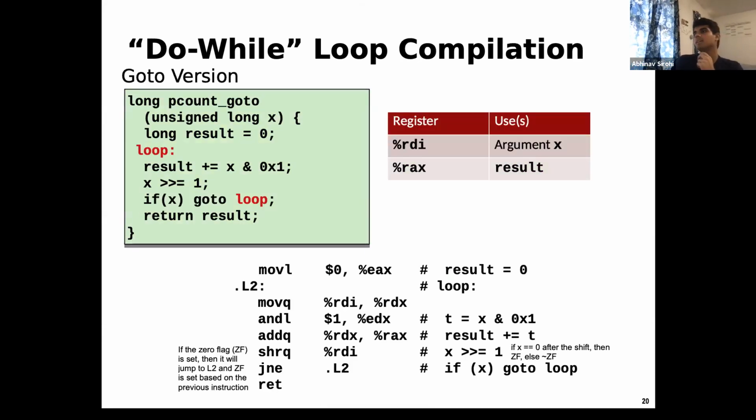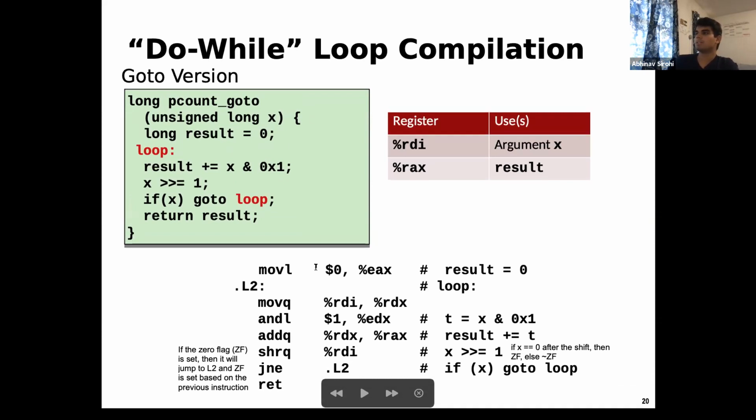And then what we can do is transfer this goto version of the code into assembly. Let's say our argument x is in the register RDI, and RAX contains the result. Then we can transfer this into assembly code.